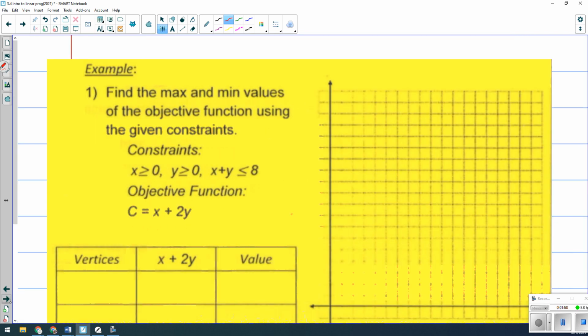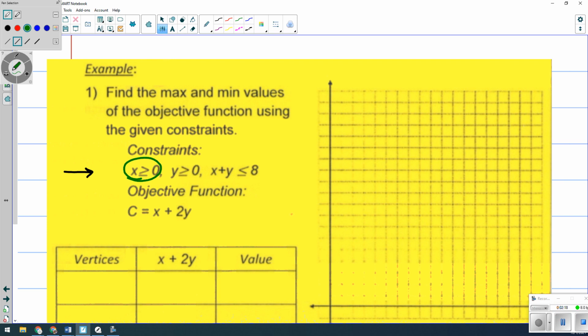In this situation, we have three constraints. Our constraints are x is greater than or equal to 0, y is greater than or equal to 0, and x plus y is less than or equal to 8. So I'm going to graph each of these constraints. The first constraint is that x is greater than or equal to 0.